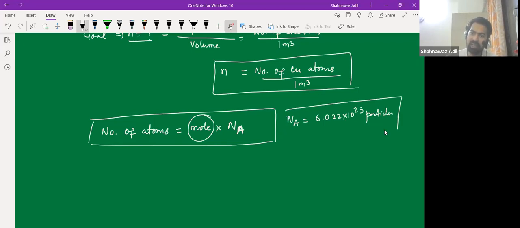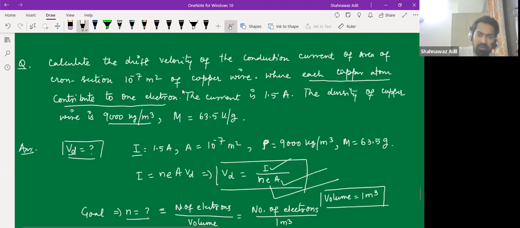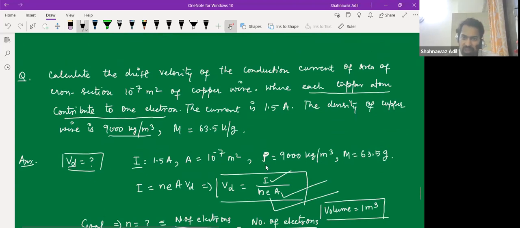So I have to calculate this number of moles, and number of moles is mass given upon the atomic mass, right?